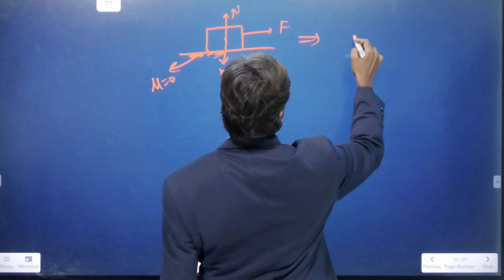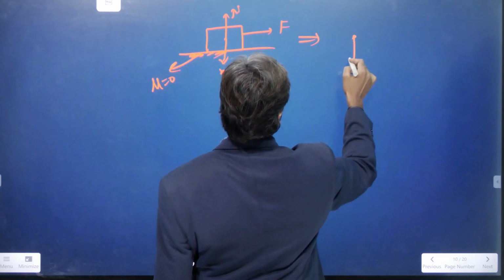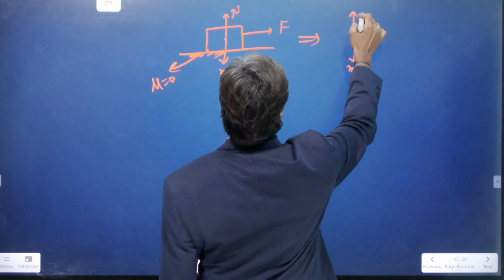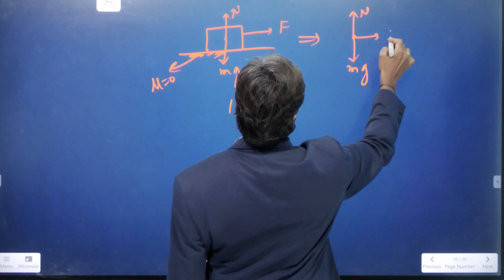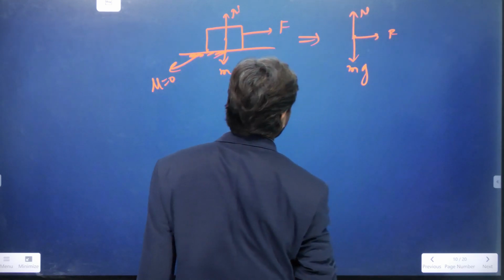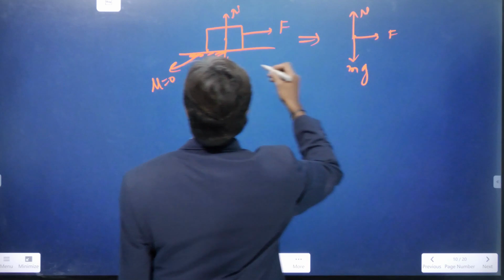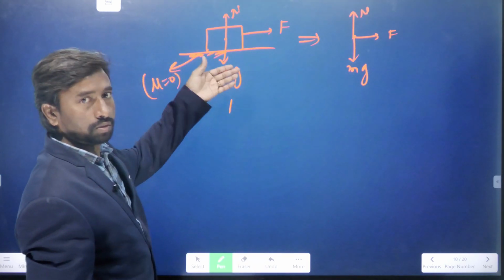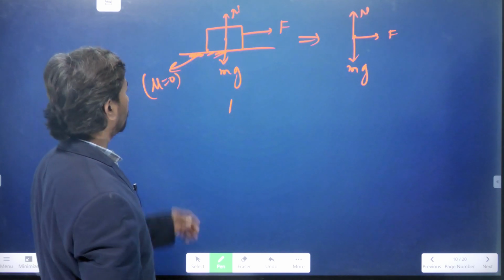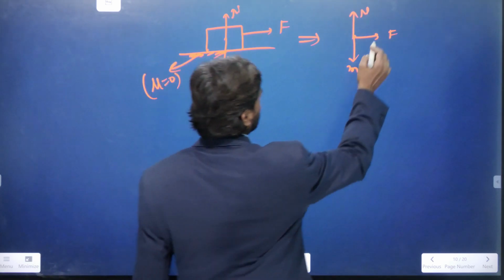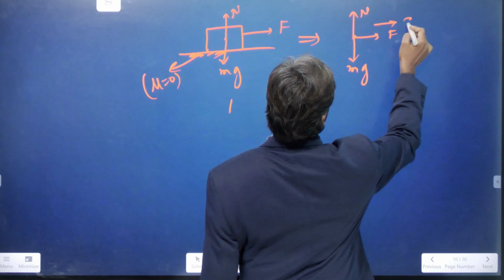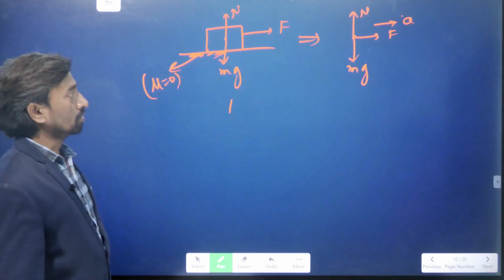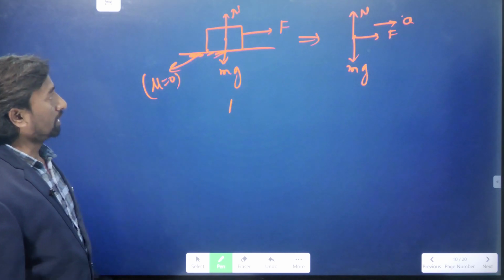The whole mass of the body is treated as a small point, and the weight W is acting here, the normal reaction acting here, and the force F is acting here. If the surface is smooth, the coefficient of friction between the surface and the block is 0, so there is no frictional force. The acceleration of the body will be along the x direction.